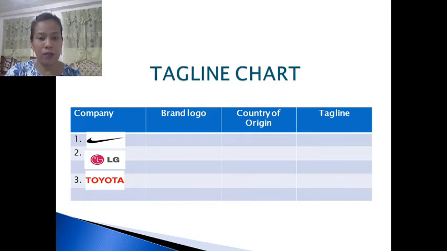Then we have here the table for the tagline, and company. Those are the three examples. Then the company logo should be placed here. Then the Nike here should be placed here. Next is the country of origin, where each of the brands comes from, and then their corresponding tagline. So think maybe of 10 brands or companies you wish to.